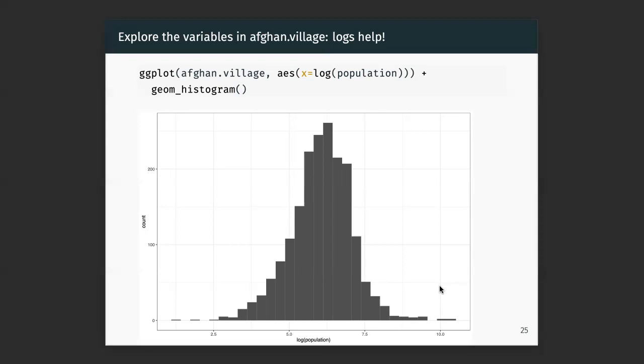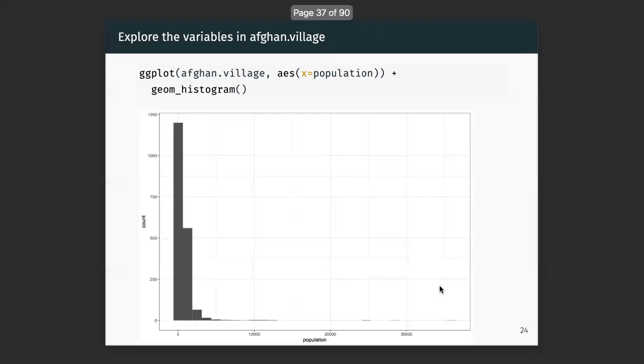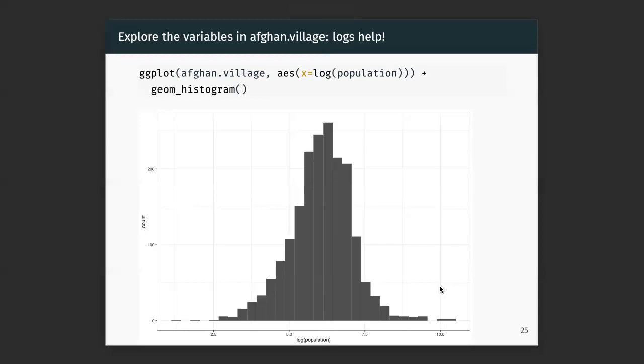Here's what the log transformation looks like. We take this skewed variable, and all of a sudden the distribution looks kind of like a normal distribution. That's what log transformations do to exponential functions, right? They transform them into approximately normal distributions. So exponential distributions, we can typically apply a logarithm to them and then get them looking kind of normal.